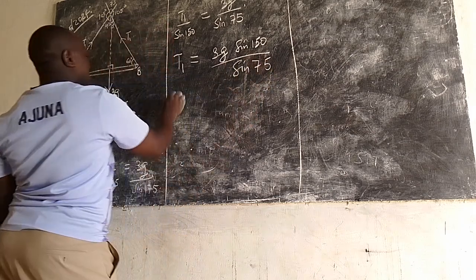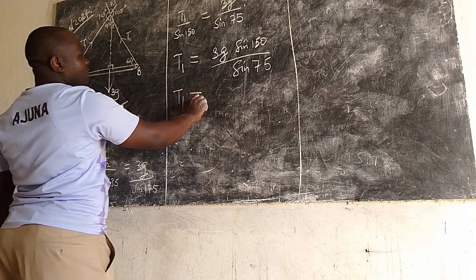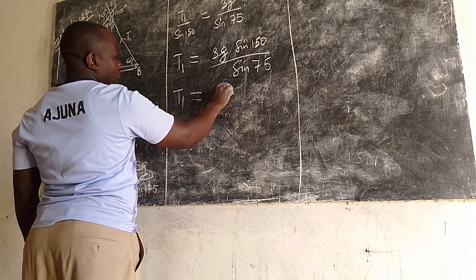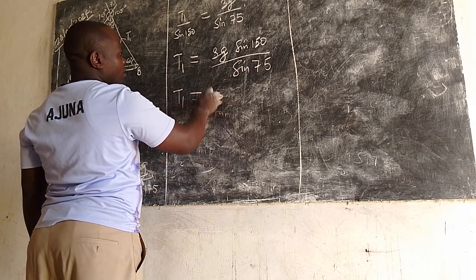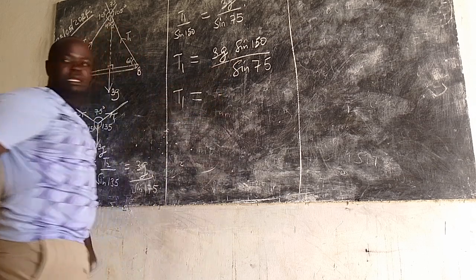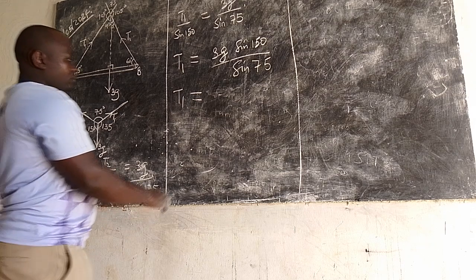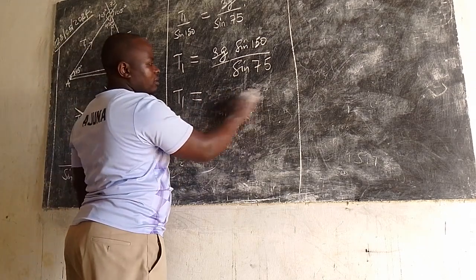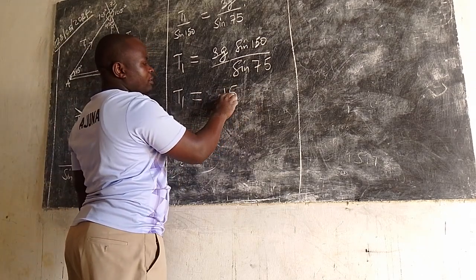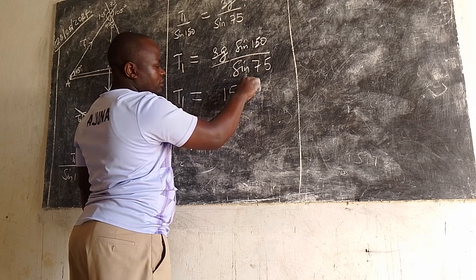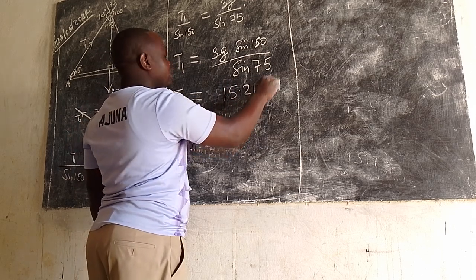What is the answer? Punch the whole thing in the calculator: 29.4 sine 150 over sine 75. The whole answer is 15.2186 newtons.